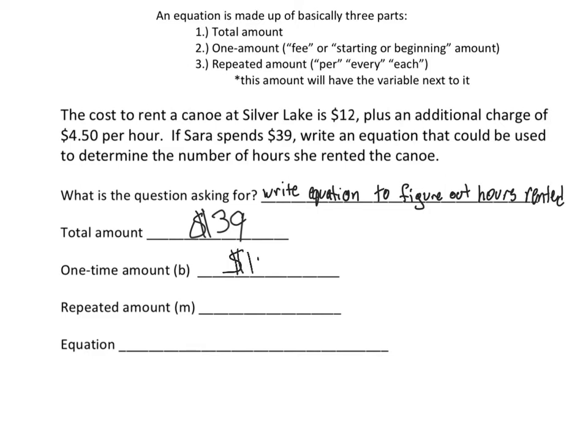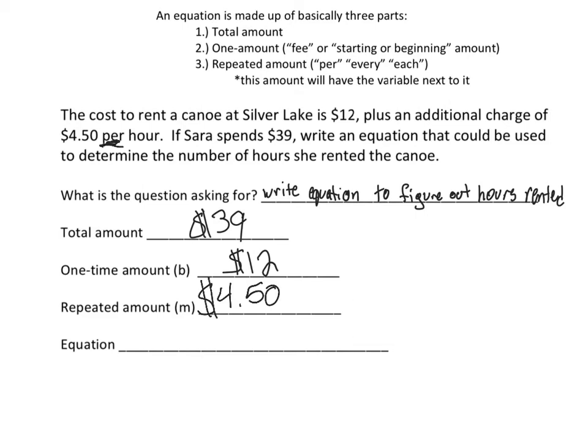And that happened just one time. As we keep reading, it says an additional charge of $4.50 per hour. So that is our repeated amount that happens each, every, or per. That's our big clue word right here, per. So that's our $4.50 right here.